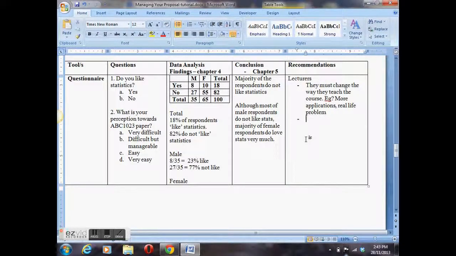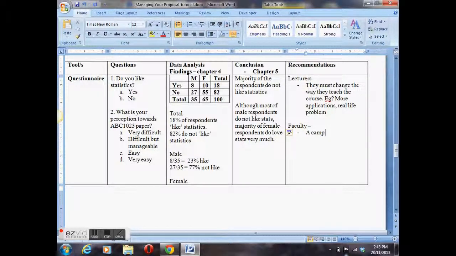If you have more, for example, another one is for the faculty. What would be the recommendations? Perhaps you think that a summer camp on statistics, so that during this camp, it will be able to change the perception of students, in which statistics is important, statistics is fun.